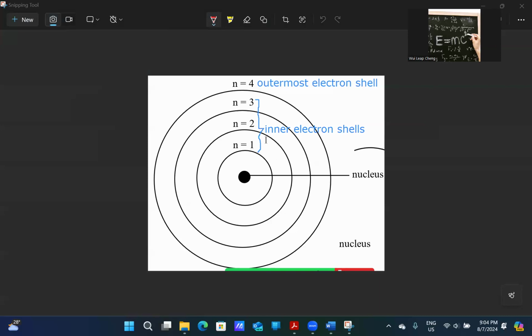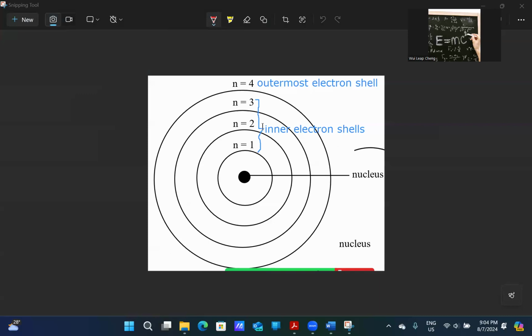Okay, now let's compare these two terms, outermost electron shell and inner electron shell. Both actually contain electrons. Electrons carry negative charge. So the electrons from these two groups will repel each other.